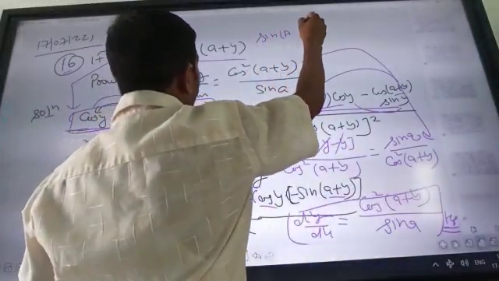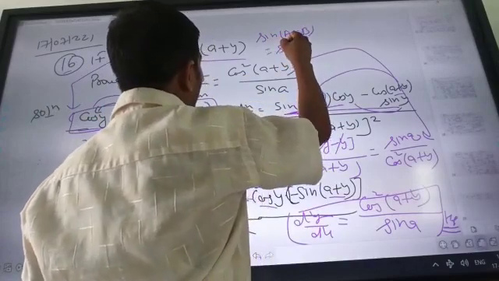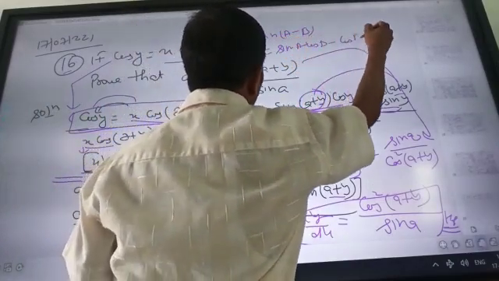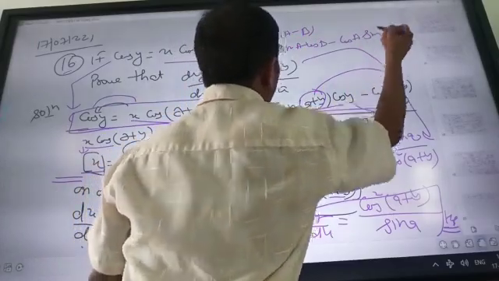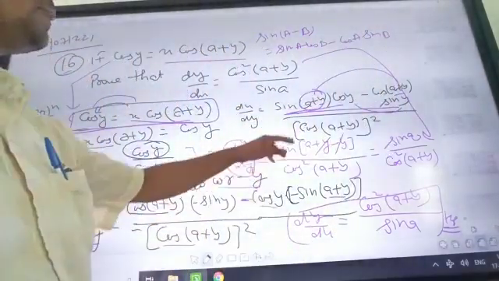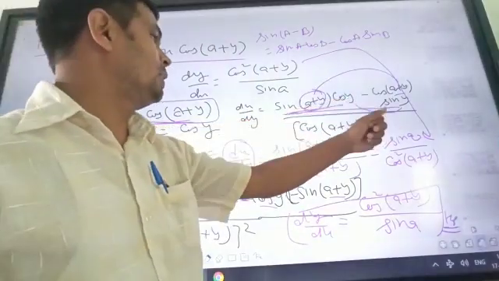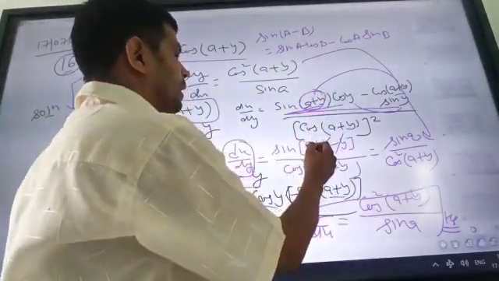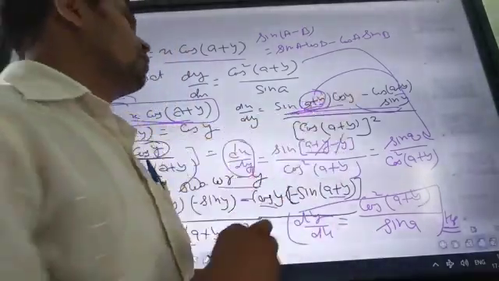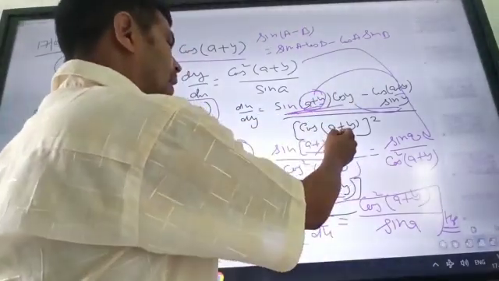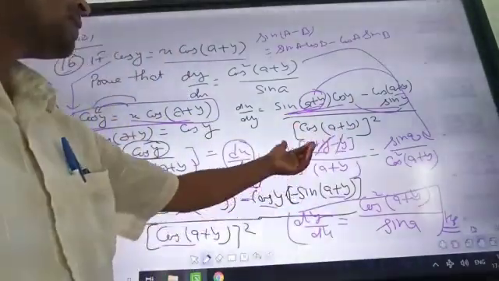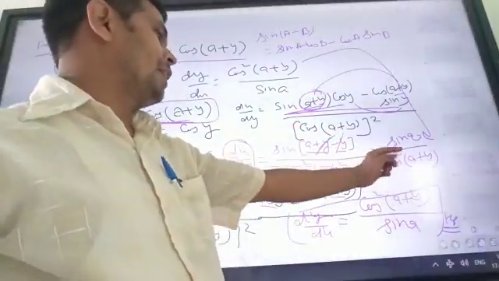Sin(a minus b) equals sin a cos b minus cos a sin b. The same formula is implemented here, which gives us sin(a minus b). In the place of a you write a + y, and in the place of b you write y. So y will cancel with this y, and this gives us sin a upon cos²(a + y).